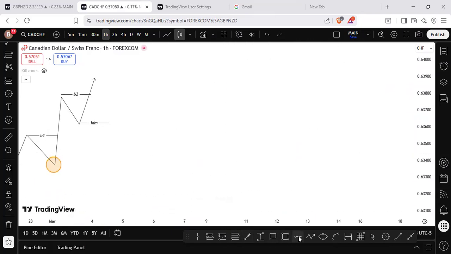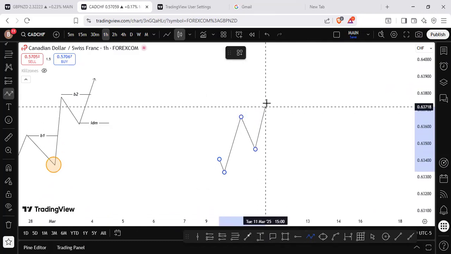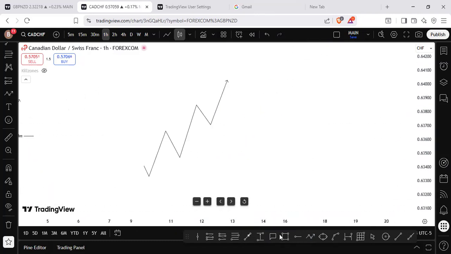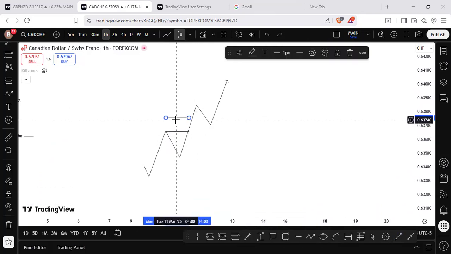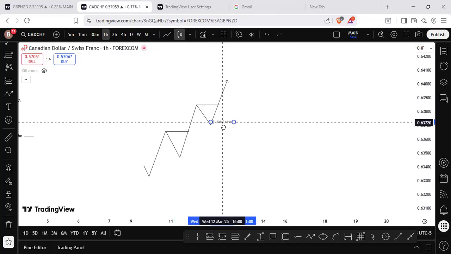That's the perfect structure. You have here impulse, correction, impulse, correction, impulse, the bullish market, breakup structure, breakup structure 2, then your IDM.